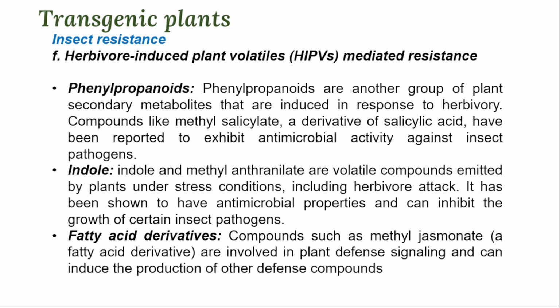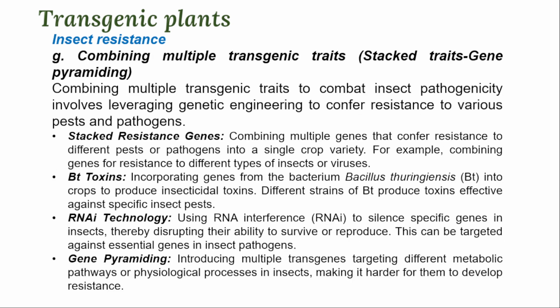These chemicals mainly have insecticidal properties. These insecticidal properties are mainly expressed when you increase the expression of these chemicals in multiple folds in genetically modified plants, so that they can easily defend against insect infestation.